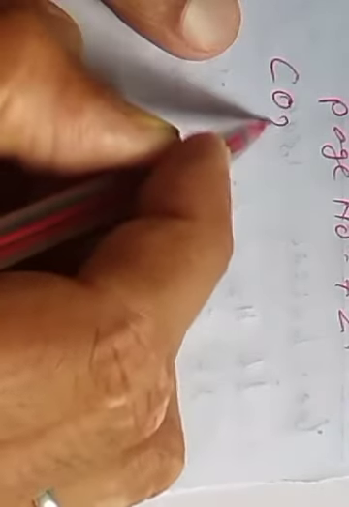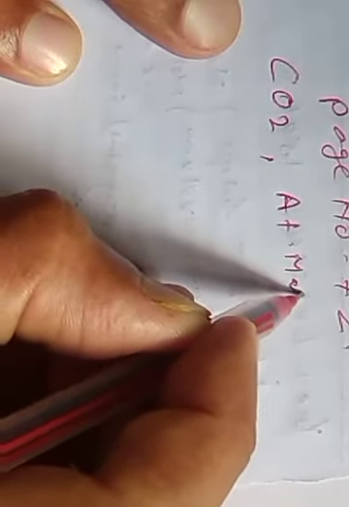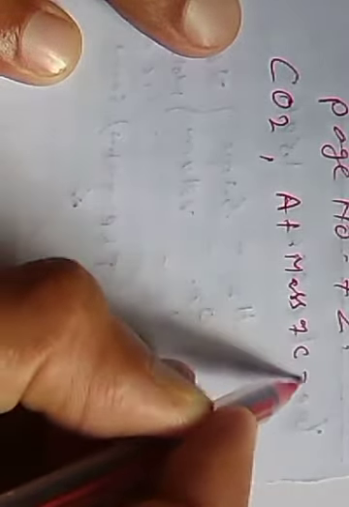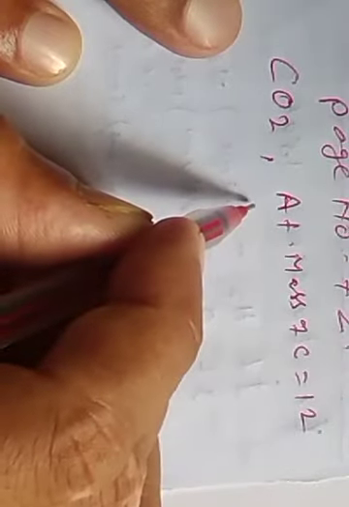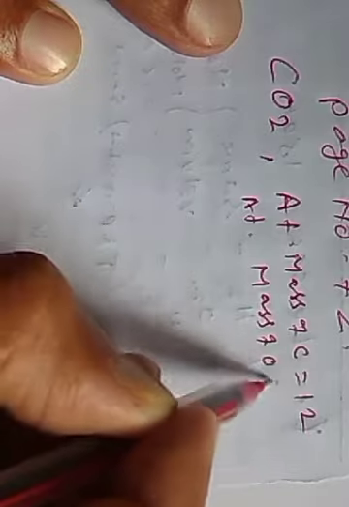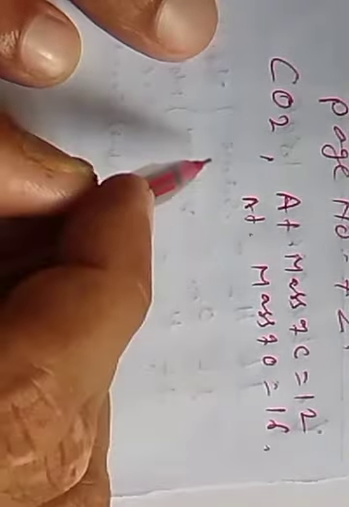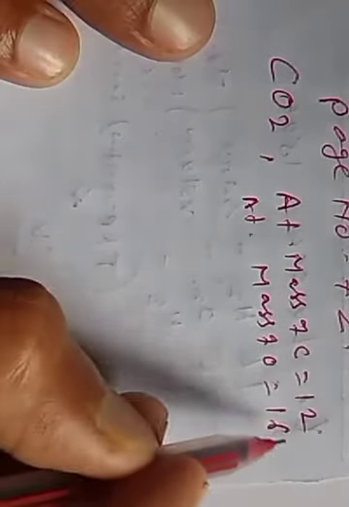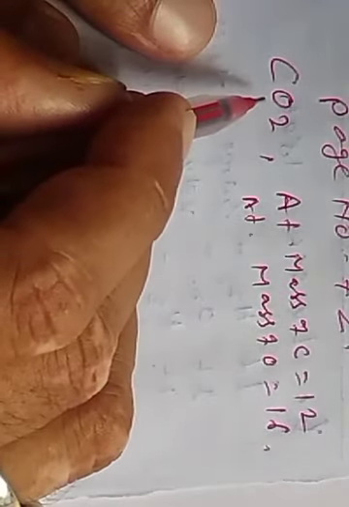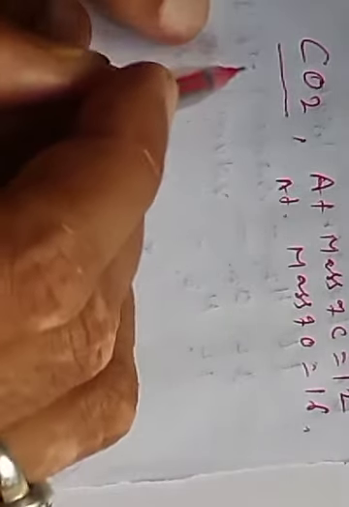If we want to calculate the molecular mass of CO2, as you know, the relative atomic mass of carbon is equal to 12, and the relative atomic mass of oxygen is equal to 16. So we can add the total relative atomic mass of the total number of atoms present in a CO2 molecule.